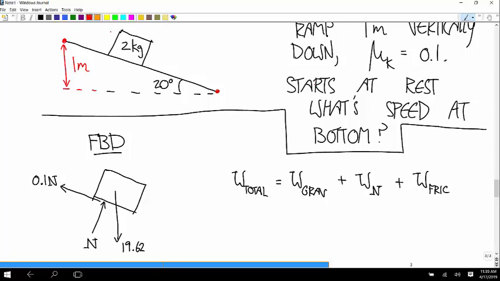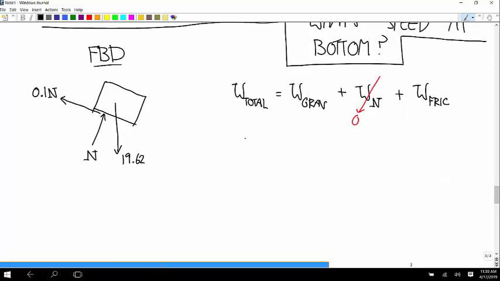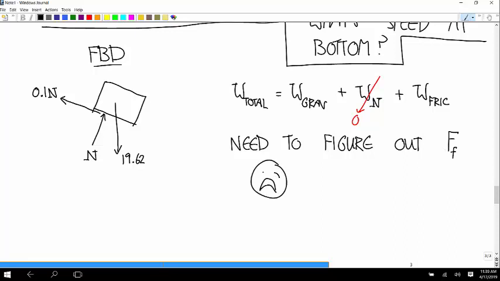The normal force still doesn't do any work, so we can get rid of that. But that doesn't mean the normal force is 0. So we're going to have to figure out the force of friction. Okay. So that's way, way worse.